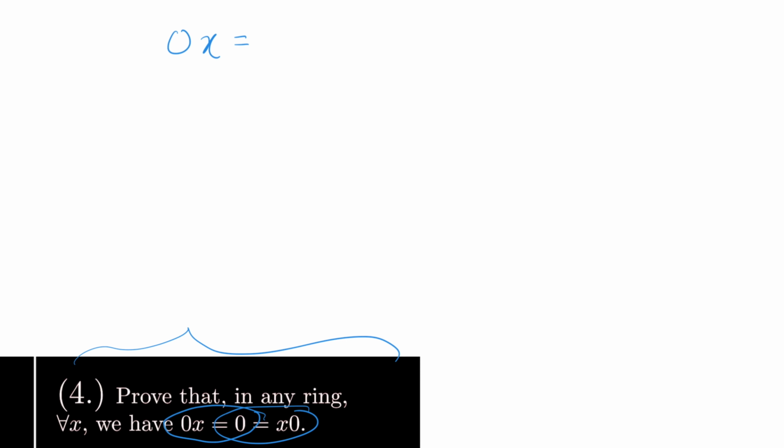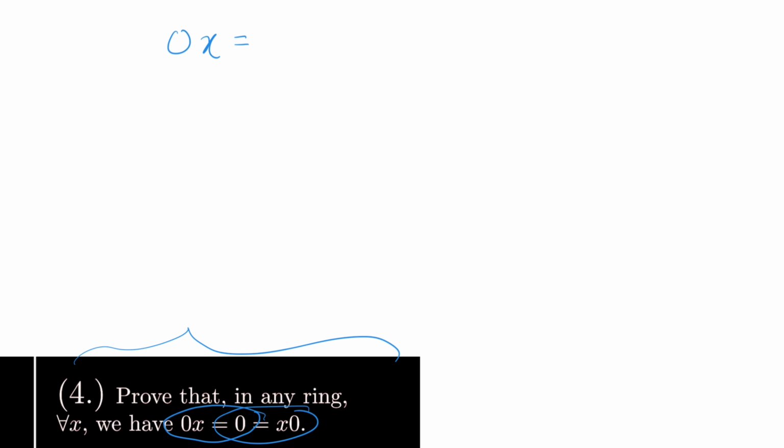And as I hinted at in the previous video, the way that we're going to try to think about this is that we're going to need to use the additive identity property somehow. And also because we're trying to see how it interacts with multiplication, and that's mainly, if not only, done with the distributive property, then somehow we're going to try to work the distributive property into this proof.